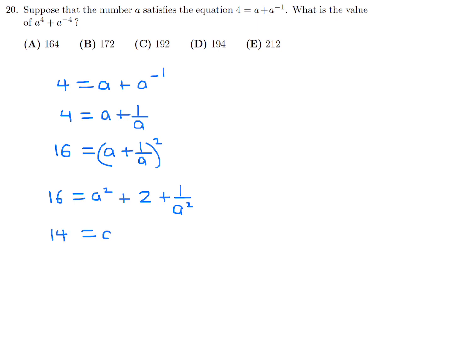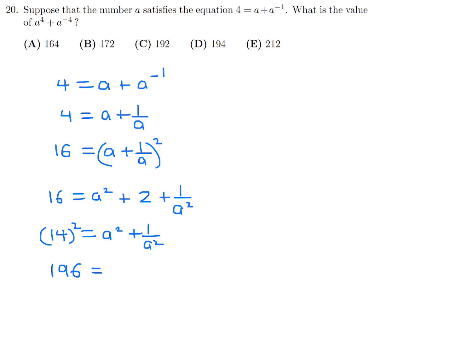So this looks like 14 is equal to a squared plus 1 over a squared. All right. I've got squares. In order to get powers of 4, I probably have to square again. So here we go. Let's square this again. 14 squared is going to be 196. And then I've got to square this guy right here.